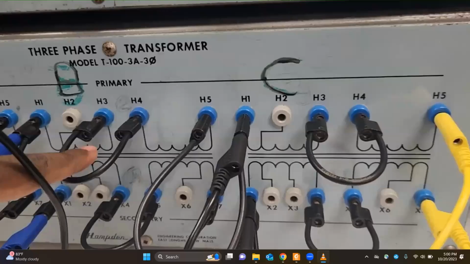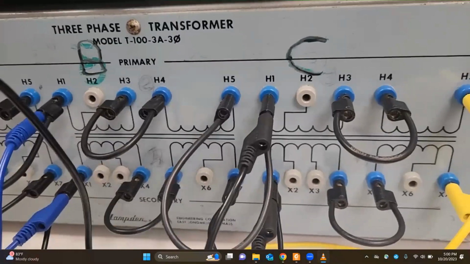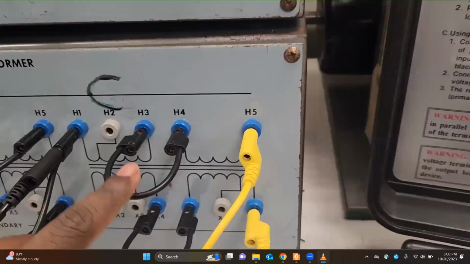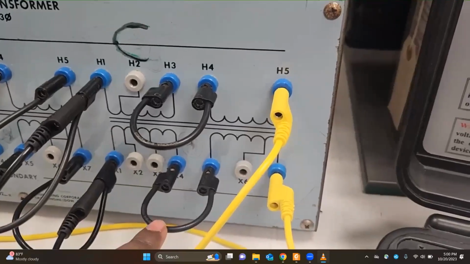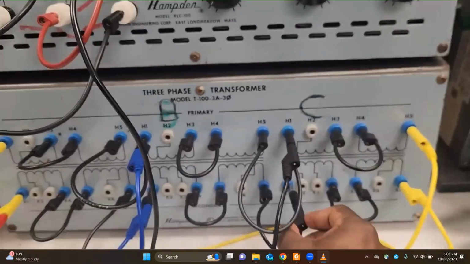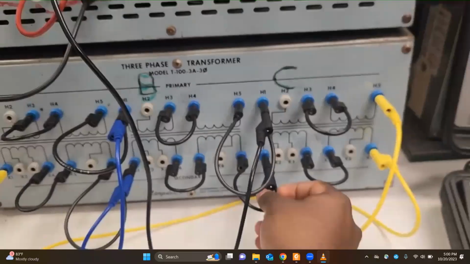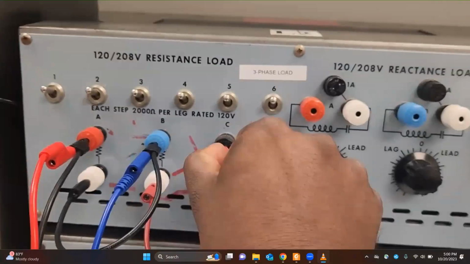This is phase B, the secondary is phase Y, this is phase C, and the secondary of the third phase is Z. So from Z, if we look at this connection, I'm connecting this cable to this C portion.